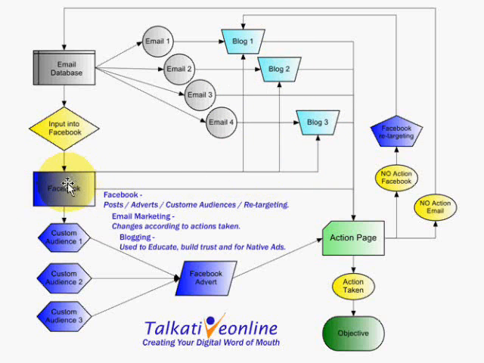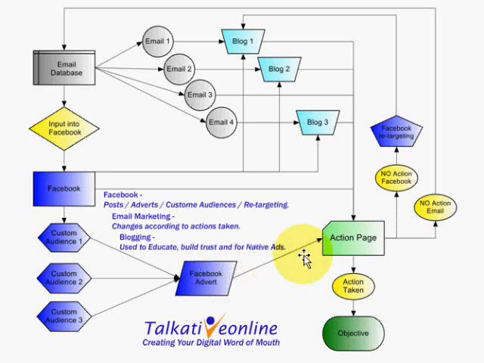So the idea is that from the standard Facebook page, you want to drive people to the blogs. Your advert is going to drive people straight to the action page, because the advert will give some content or information so that they will want to go through to here. So the advert to some degree might be doing partly the job that the blog is doing.